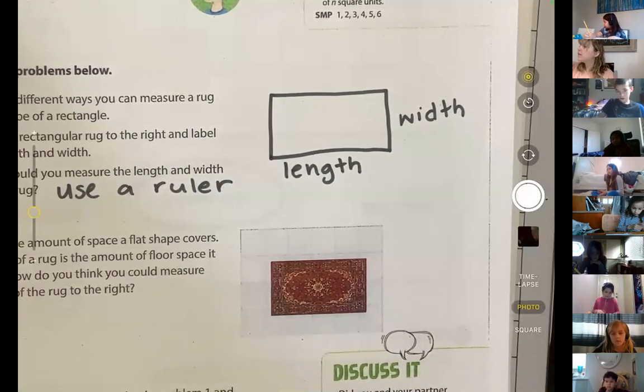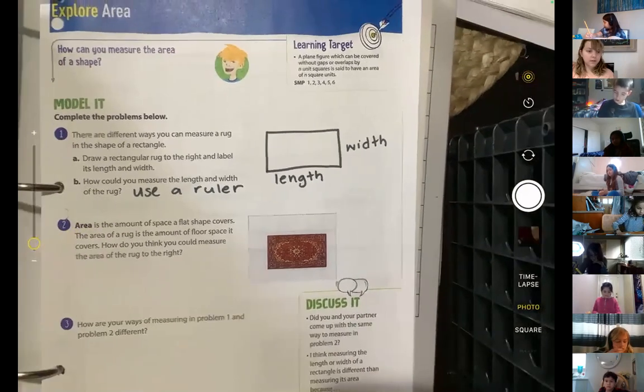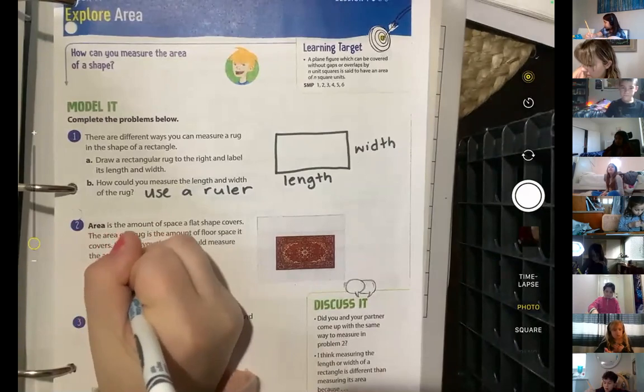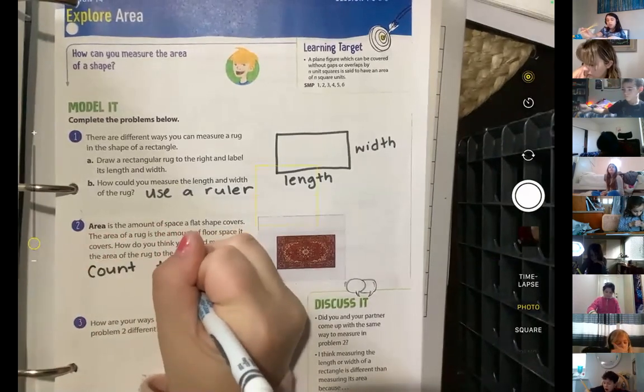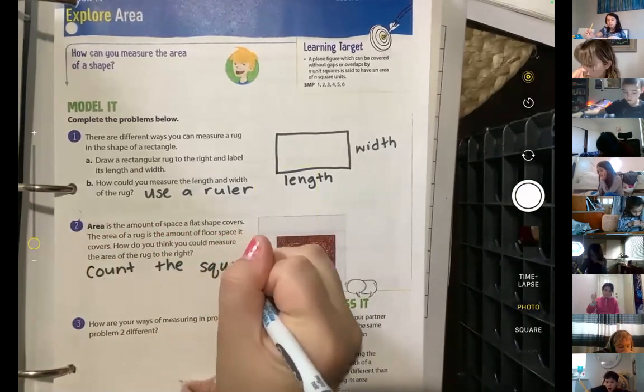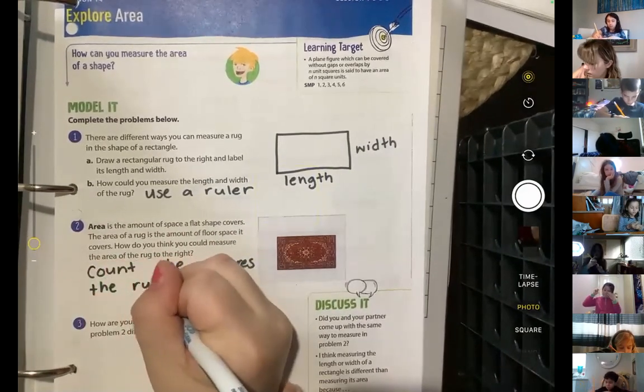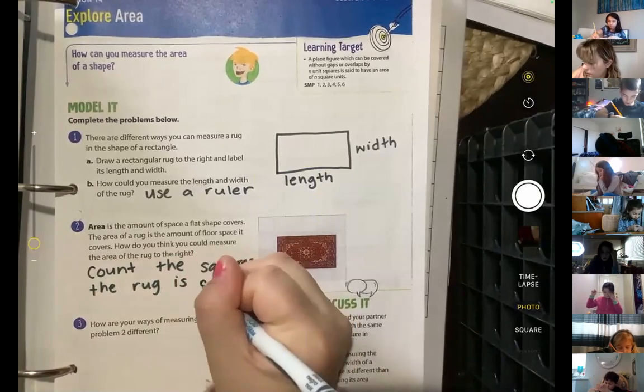So let's write that. Let me zoom out a little bit so you can see my writing. Okay, so you could count the squares the rug is covering.